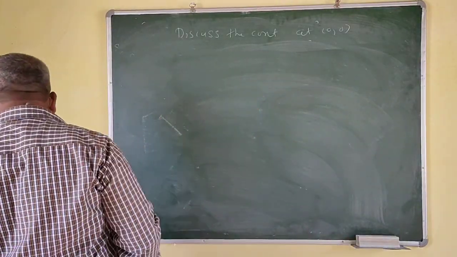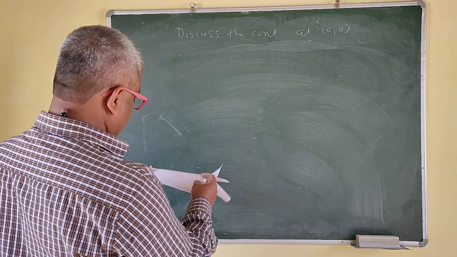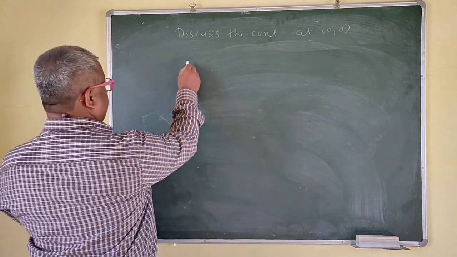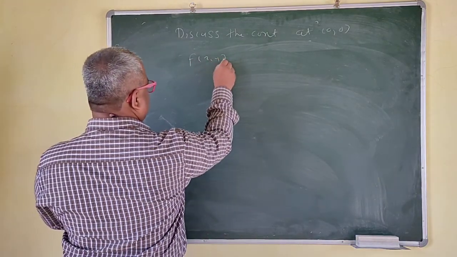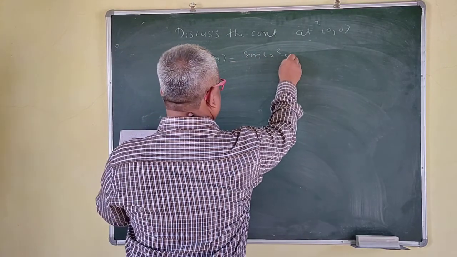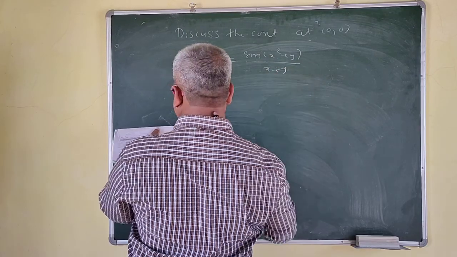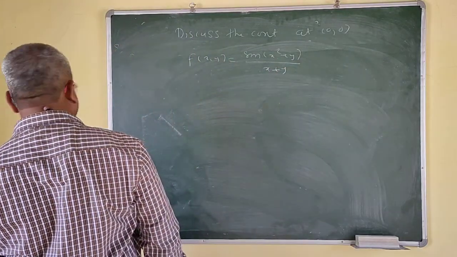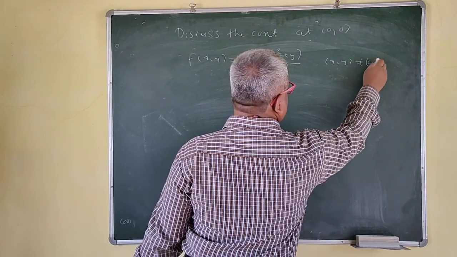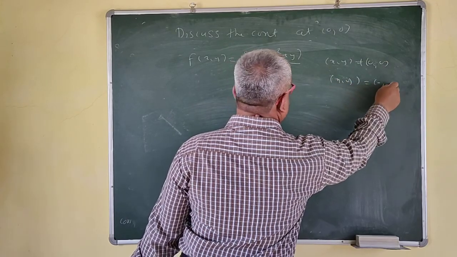Now let's take the next problem. F of xy is equal to, we'll take the last one of this, F of xy is equal to sin of x square plus y upon x plus y, for xy not equal to 0 0, and 0 for xy equal to 0 0.